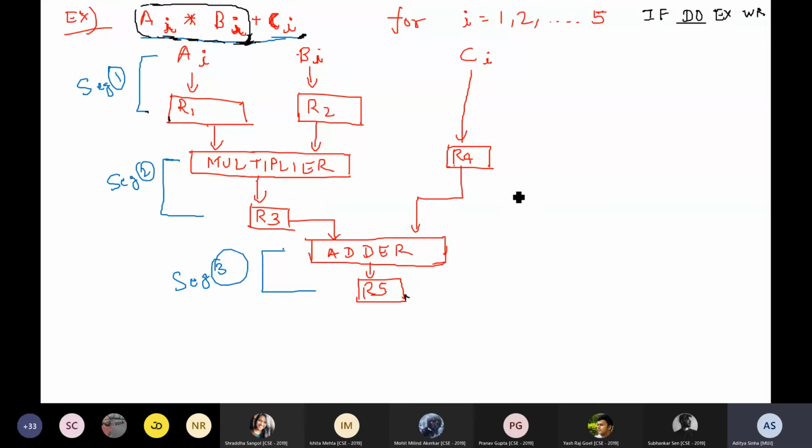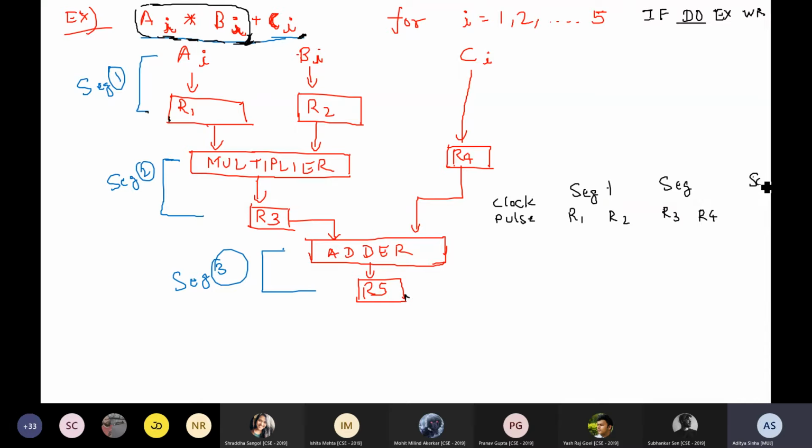Okay, let's write down the table for it. I think it will be a bit clearer. We'll see for each clock pulse what will happen. You have segment number 1, you have R1 and R2. You have segment number 2, you have R3 and R4.